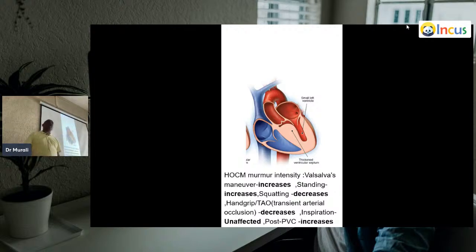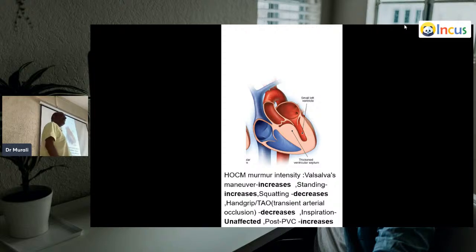Then, standing. What is the effect of standing? Will standing increase or decrease venous return? All your blood is pulled into the legs. There is decreased venous return to the heart, decreased preload, smaller size of the chamber, greater touching, and greater obstruction. So standing, like the Valsalva maneuver, increases the obstruction in HOCM.